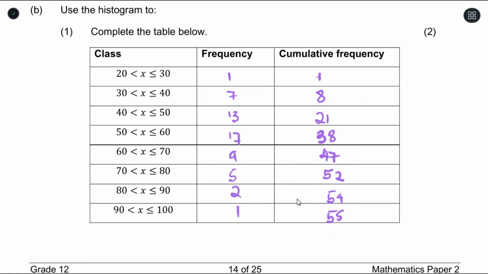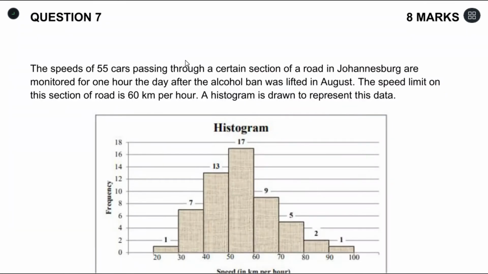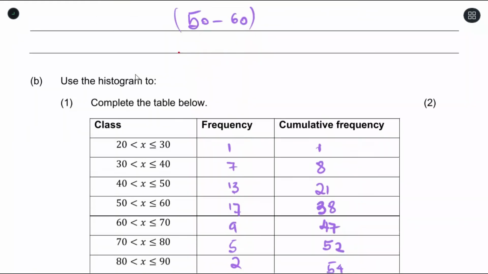Our last cumulative frequency has to be the total of all those frequencies, and it needs to give you 55. We know it's 55 because in the question it said the speeds of 55 cars. So obviously that's what we're going to take.